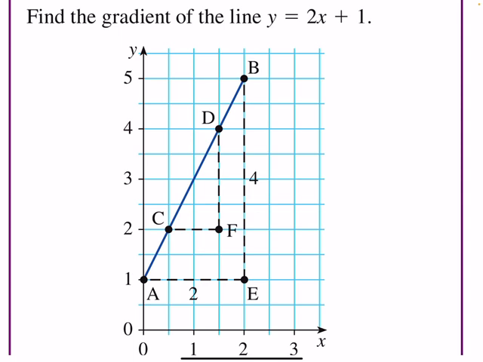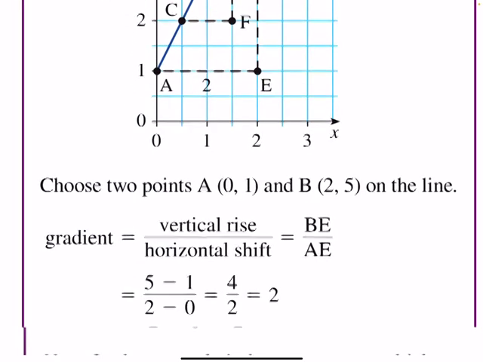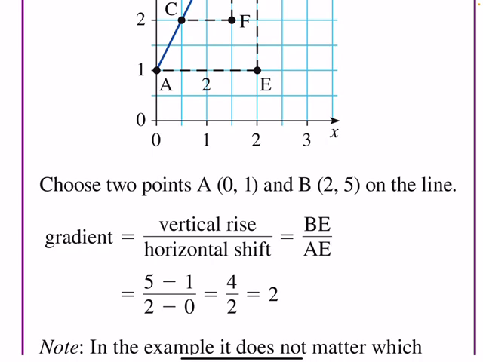C to D, 2, correct. And then the horizontal shift from C to D, it started from 0.5 to 1.5, so 1. So the gradient of that line is 2. 2 divided by 1 is 2.